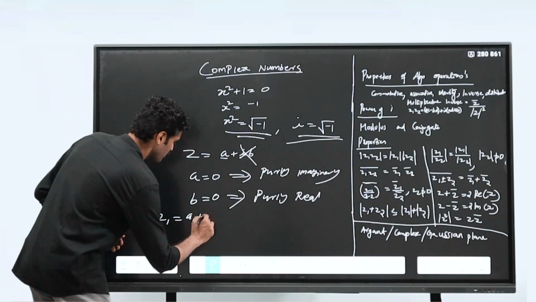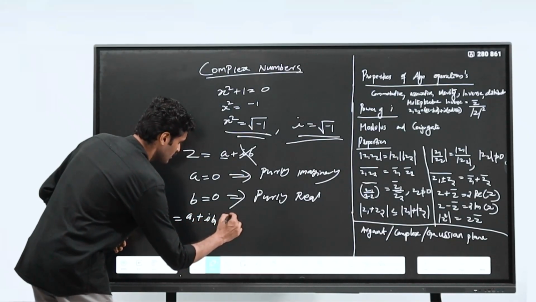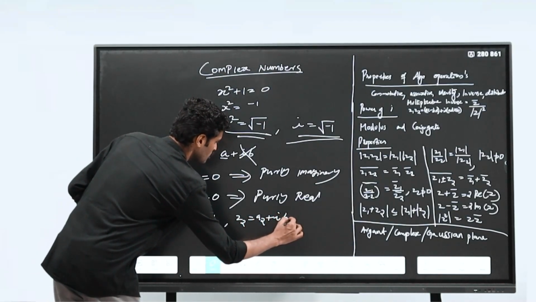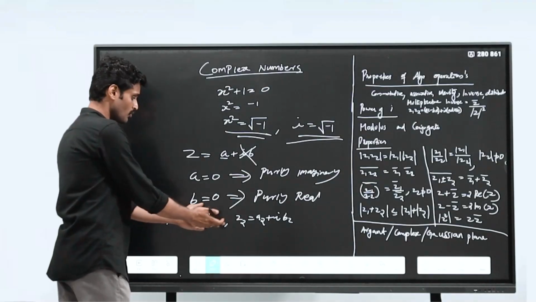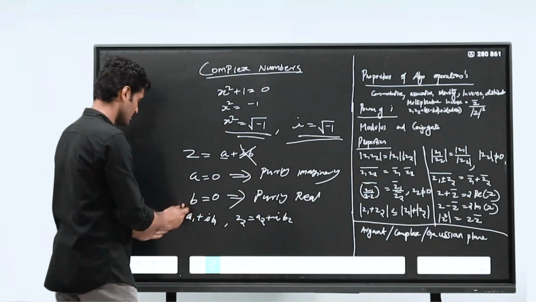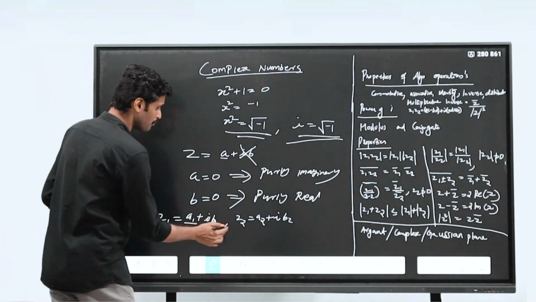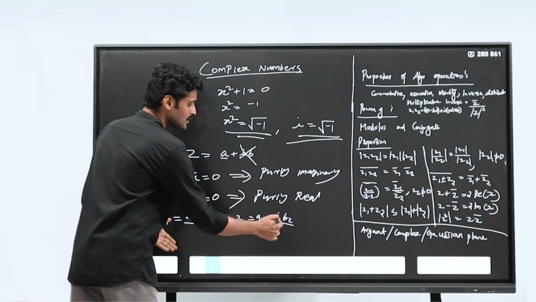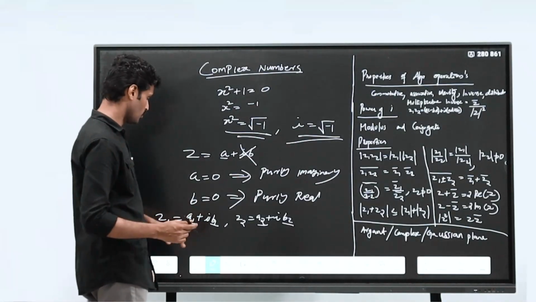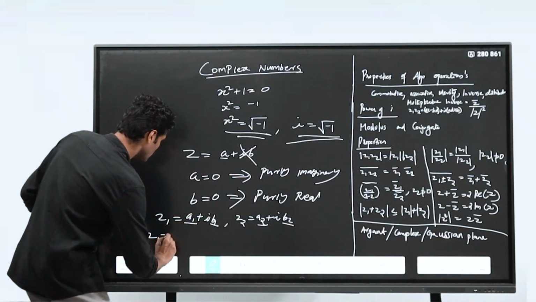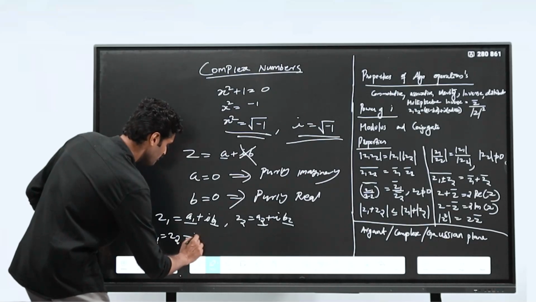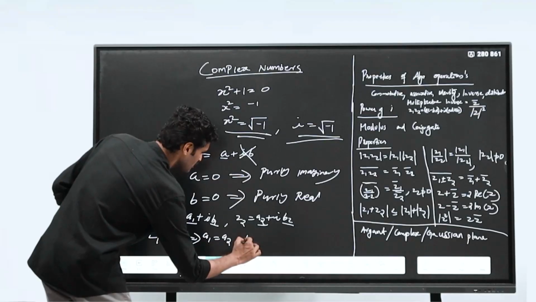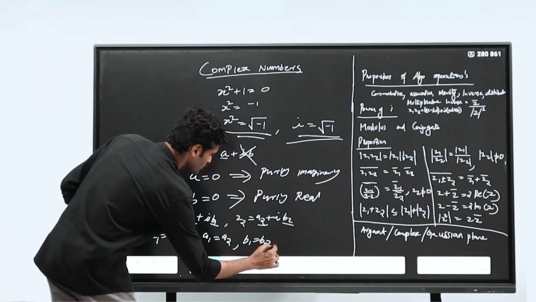Also, we are dealing with another concept. If two complex numbers, z1 equal to a1 plus i b1 and z2 equal to a2 plus i b2, are equal, then their corresponding real parts should be equal and their corresponding imaginary parts should be equal. That is, if z1 equal to z2 implies a1 equal to a2 and b1 equal to b2.